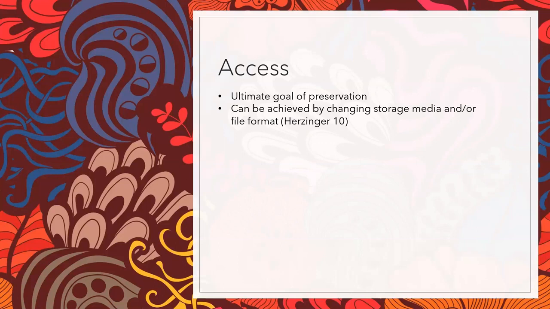If you have a file format that is at risk of becoming inaccessible because it's proprietary, or because the software you need to access it is difficult or very expensive to acquire and use, then you may have to change that before you can provide access to the content.